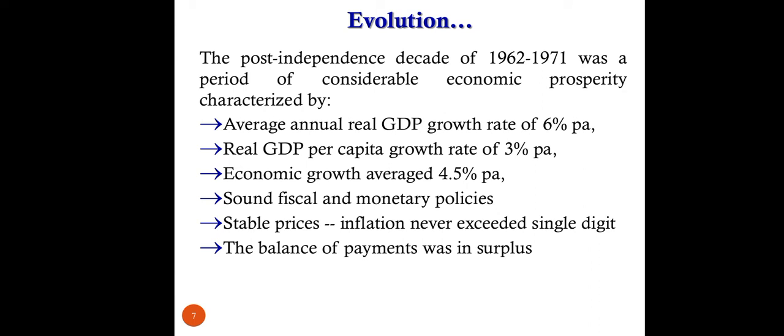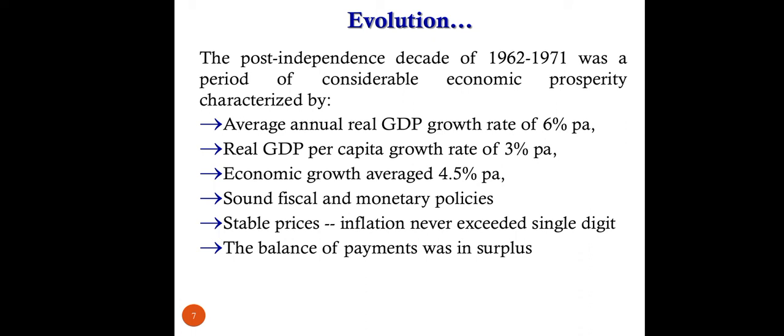There was an annual average real GDP growth rate of 6% per annum, real GDP per capita growth rate of 3% per annum. So every time you're seeing growth rate, that means it was growing. Real GDP per capita means per individual.